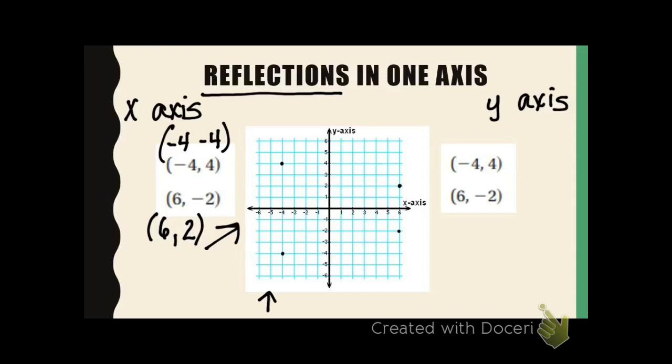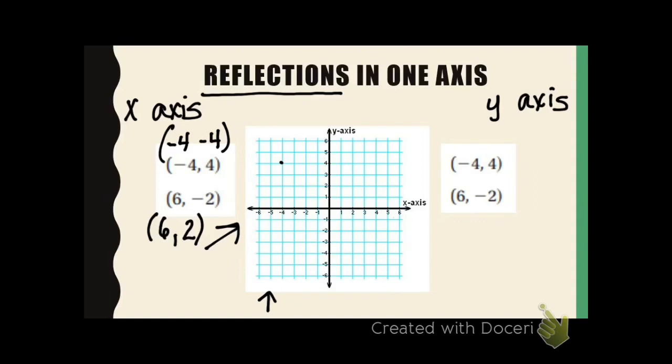Okay, let's do it in the y-axis now. Let me go ahead and just erase these points so that doesn't get confusing. We're going to keep the same numbers, but we're going to do it in the y-axis. So this time, let's plot this point, -4, 4. So I go over to -4, up to +4. Now, because the y-axis runs vertically, I'm going to go from side to side.